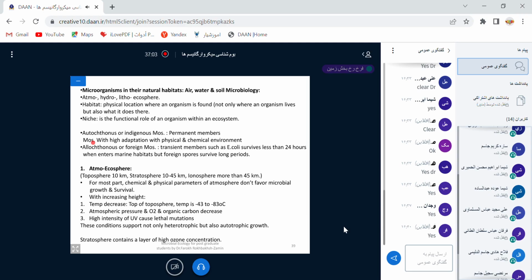Atmosphere. When we look to soil, we can see some native microorganisms. When we look to the water, we can find some native microorganisms. Because in the soil and in the water, whatever is needed by many microbes is present.